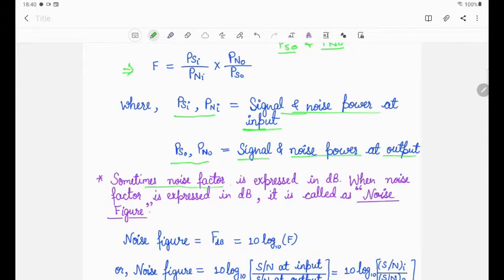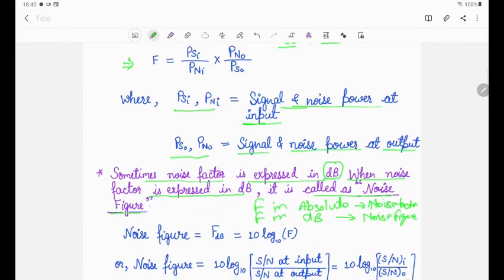Sometimes noise factor is expressed in dB. This is important: when noise factor is expressed in dB, it is called noise figure. When F is in absolute value, that is the noise factor. If F is in dB, that is the noise figure.